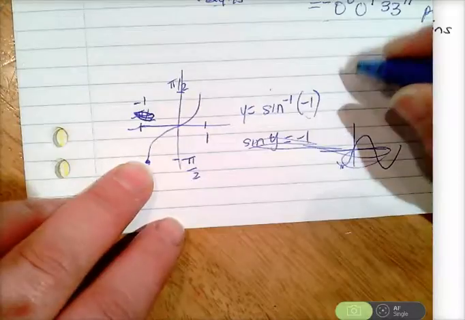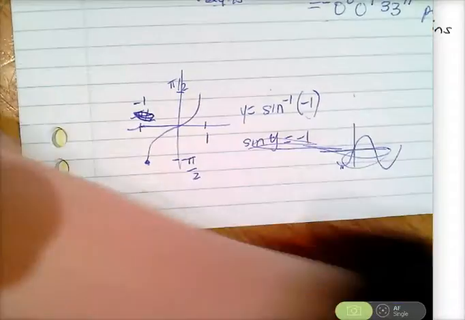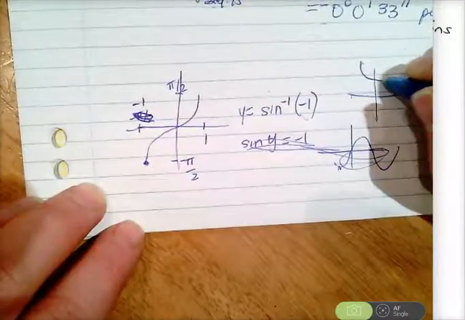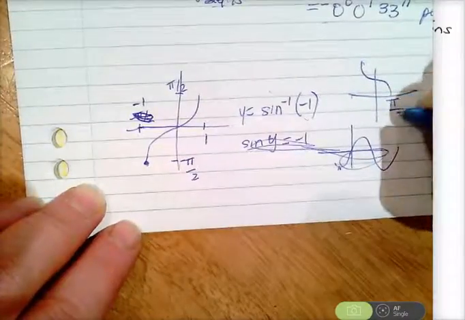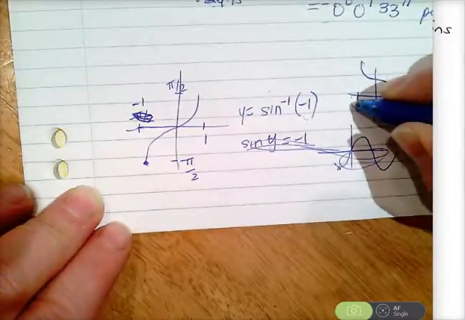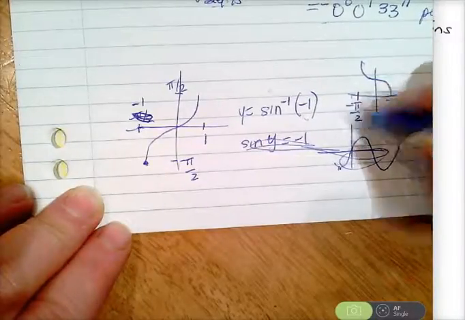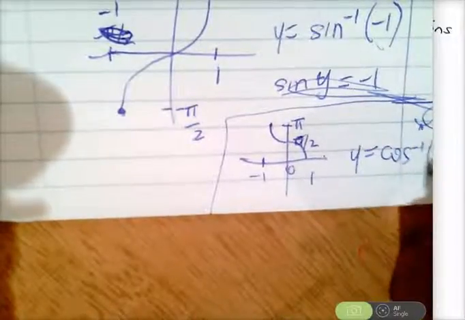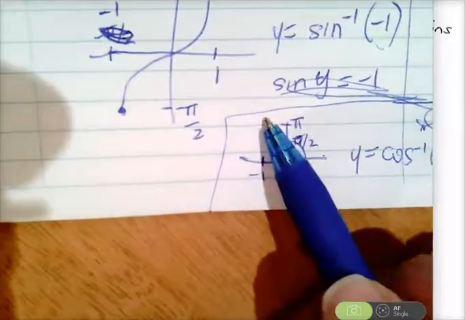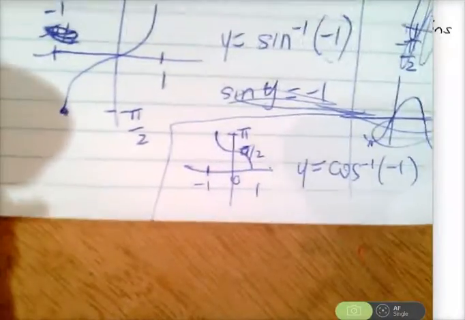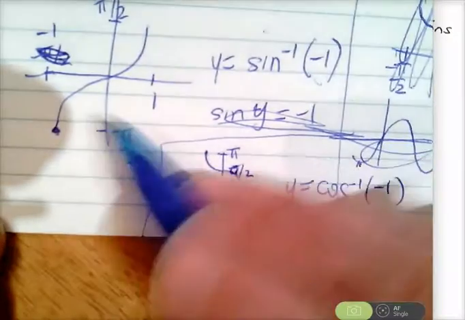Okay, so going back to that question, we wanted a value for the inverse cos. If y is the inverse cos of -1, well, that's pi. So we've chosen the value of -1.